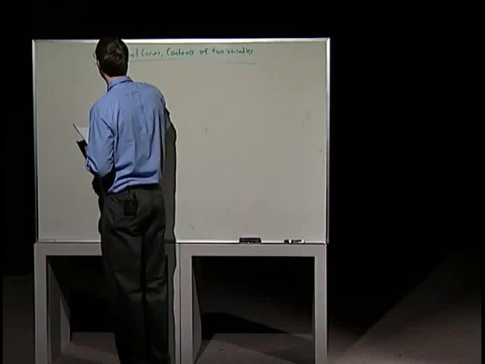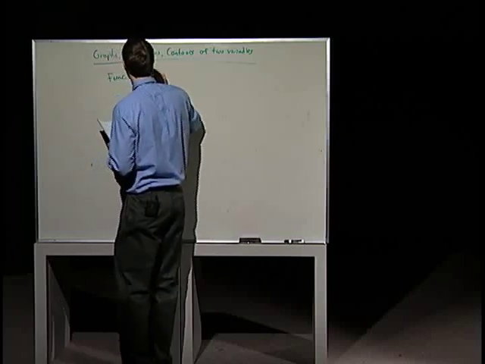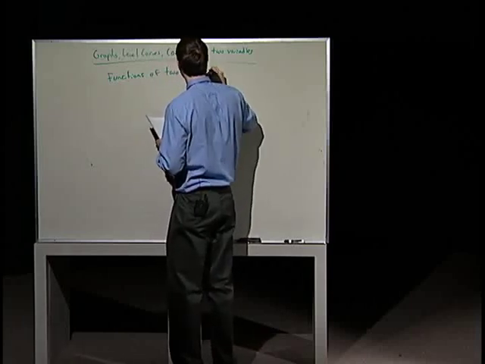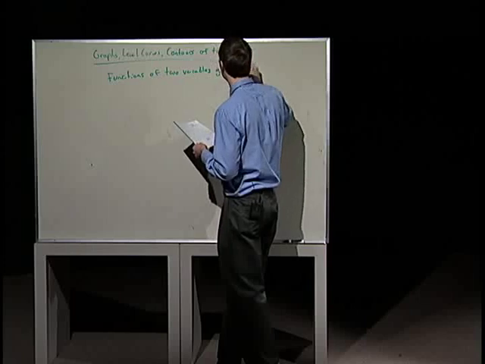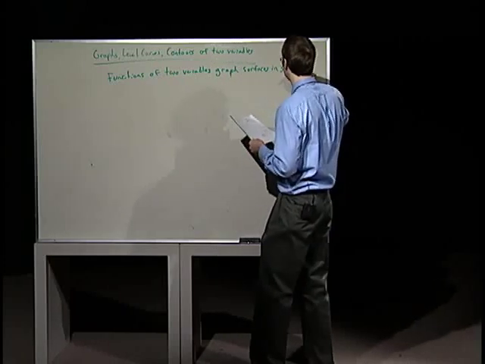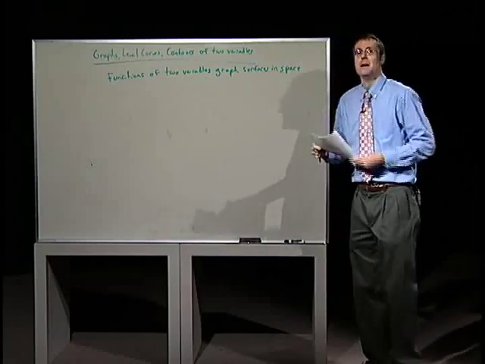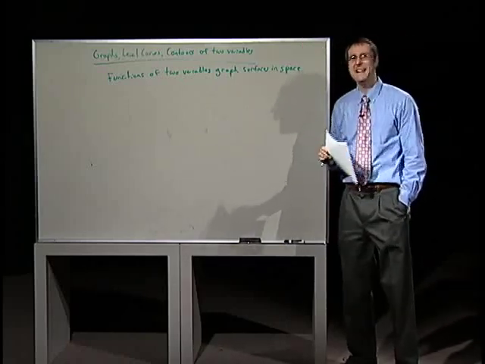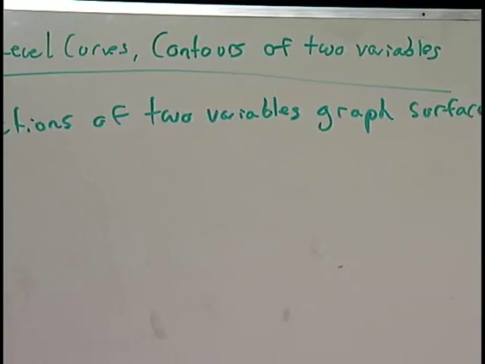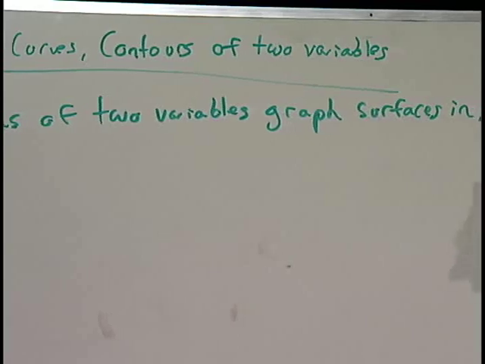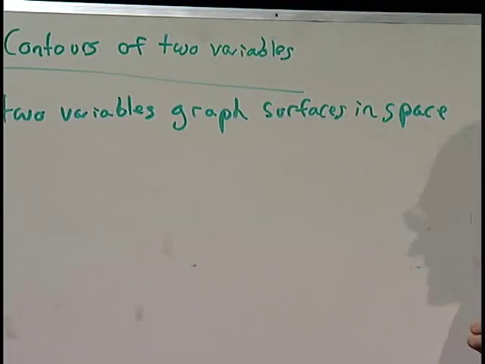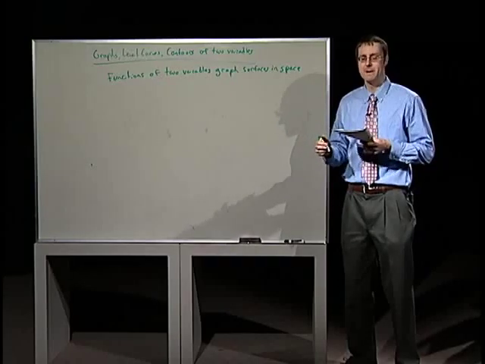Okay, so we know that functions of two variables, well, they graph a surface in space. So they graph surfaces in space. But what is often easier for us is to look at what's going on in the xy plane only and then figure out how things would look when you add a z-axis in, because we're used to working in the xy plane, and so things there are easier for us geometrically to think about.